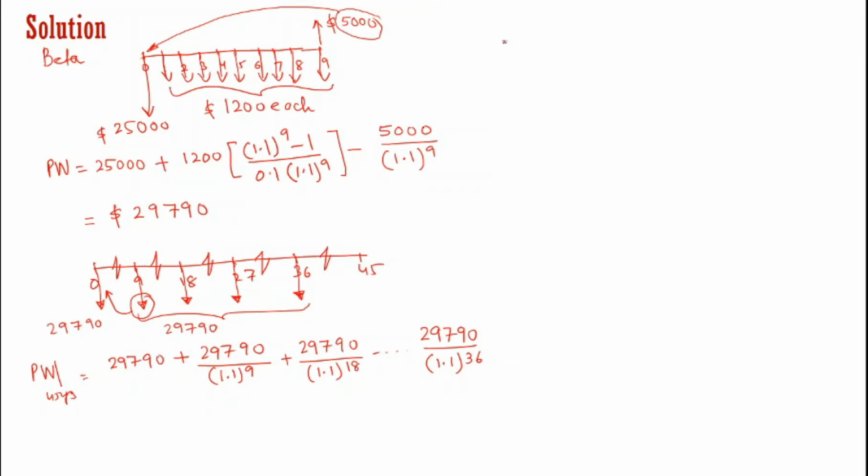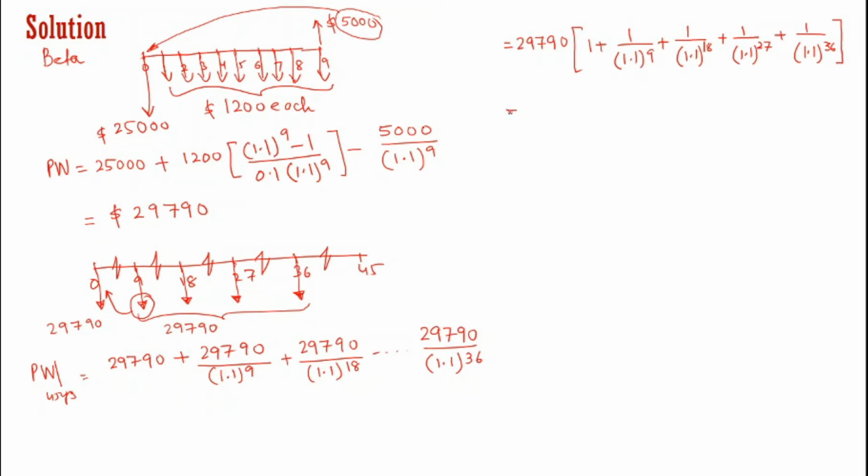So if we simplify it a bit, 29790 times (1 plus 1 over 1.1^9, then 1 over 1.1^18, 1 over 1.1^27, and the last one will be 1 over 1.1^36).